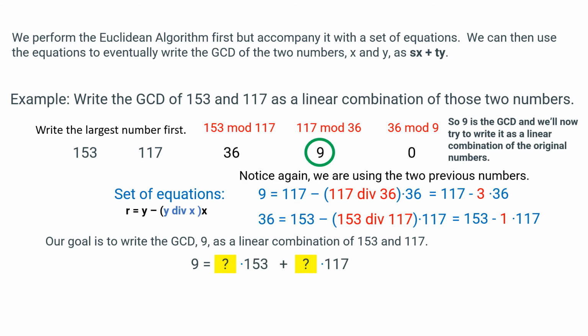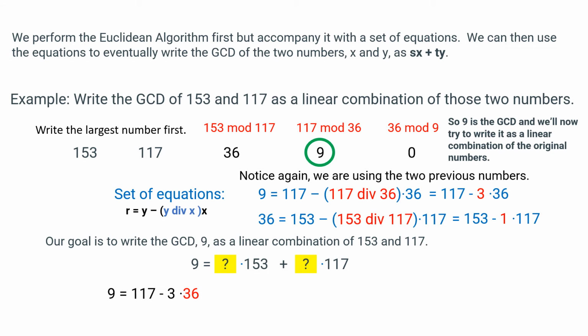That would be the linear combination, and specifically, we're trying to find the s and the t that would make that true. What we can do is use those two previous equations that we just found to figure out what we can put in for the question marks. So let's start with 9 equals 117 minus 3 times 36.